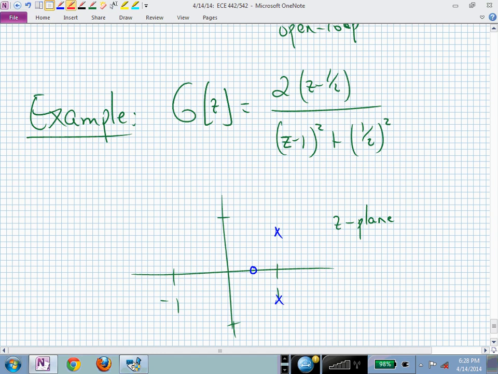They cancel each other out. Is the point 1 on the root locus? Is the angle to this point minus 180? I look at it from this 0, that's the only thing on the real line, and that angle is 0. That's not 180, is it?